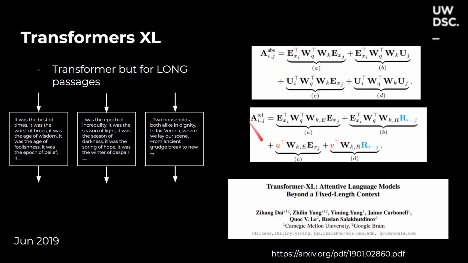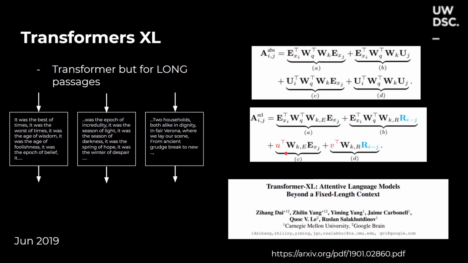And you might be wondering why we replaced the whole UiWQ thing with U and V, and that's because with relative positional encoding, the position of the first word actually does not matter anymore. You're only looking at the distances between them, right? So we replaced them with U and V, which are trainable weights. According to this paper, this helps learn the general position of these words.